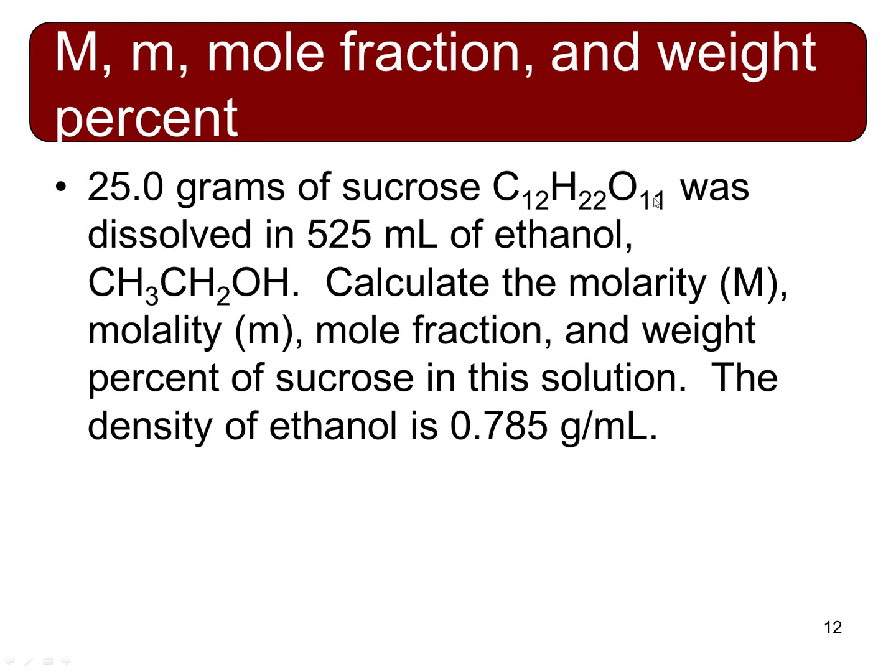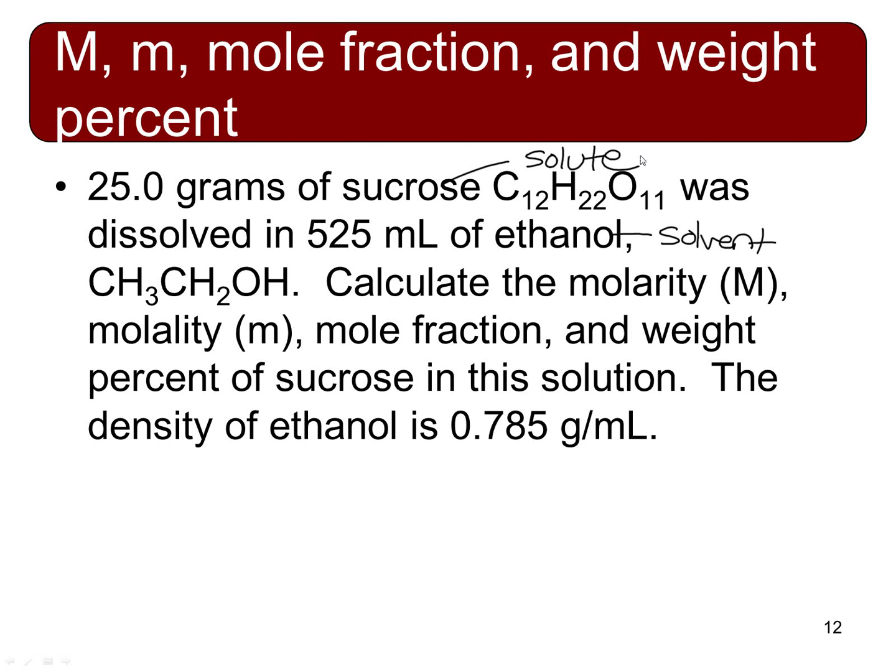Remember, our units here are very useful because for density we have grams, a mass, and a volume. So that's going to become useful for us. We have 25 grams of sucrose and 525 milliliters of ethanol. Ethanol is our solvent, so be sure you recognize this, and sucrose is our solute.